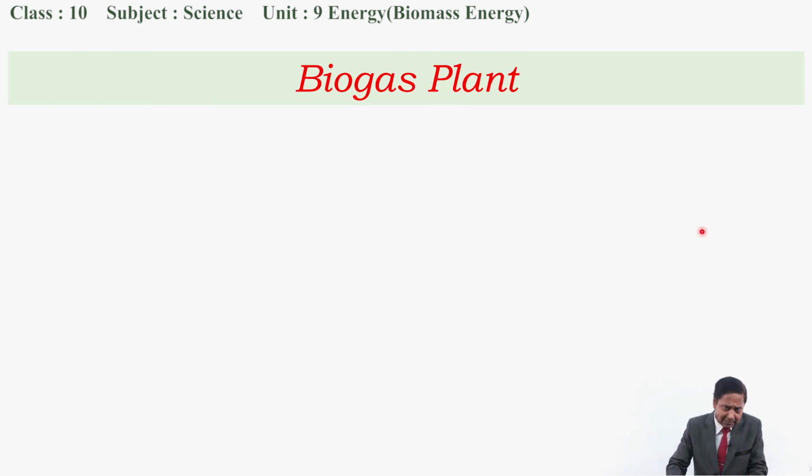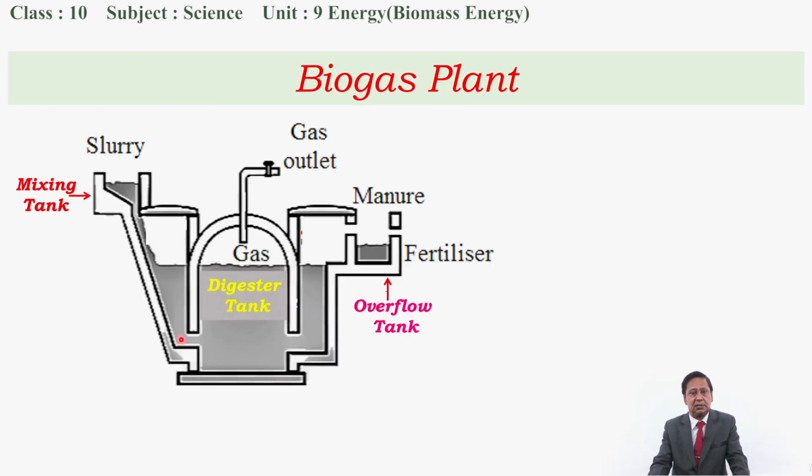Look at this, this is the diagram which represents a biogas plant. Here we have 3 different types of tank. One is the mixing tank, another the digester tank, and third the overflow tank. Biogas plant consists of 3 different tanks: mixing tank, digester tank, and overflow tank. Now certainly look at this mixing tank.